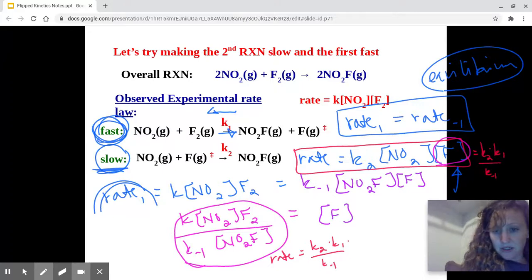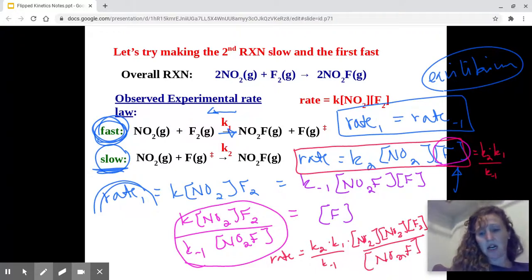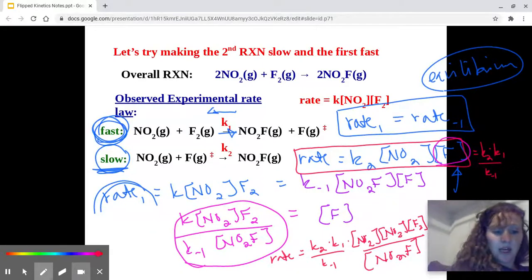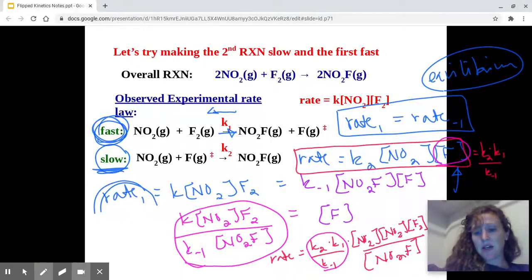Okay, now next to K2 is NO2. Now in place of F, we're going to have NO2 again, so we can square that. F2 over NO2F. Now it's a little unusual because we have a product in there, but basically we have our rate law, which is equal to some K, NO2 squared, F2 to the first order over our product.